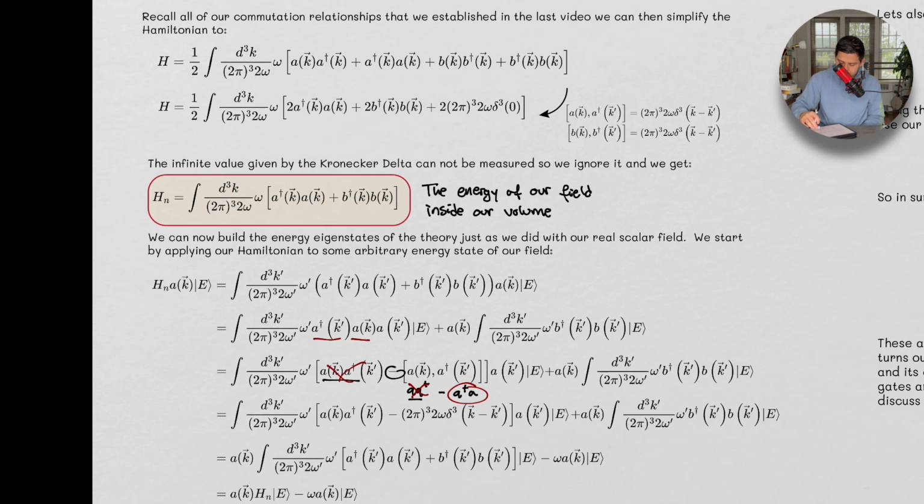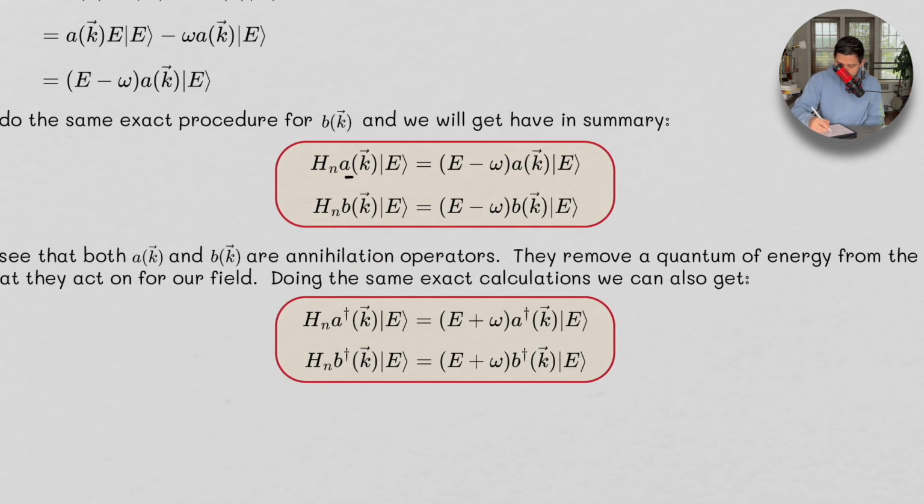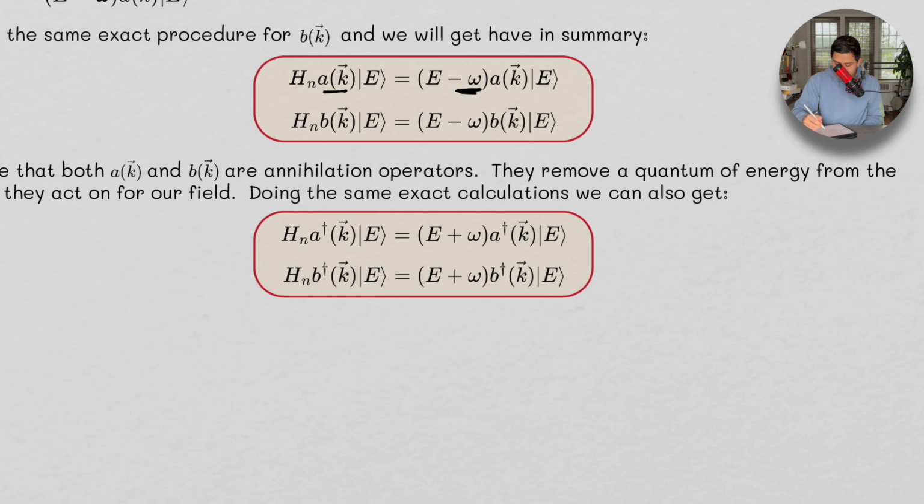All right. And A is associated with taking away energy, and B is associated with taking away energy. A dagger is associated with giving energy, and B dagger is associated with giving energy. But this is all within the context of our Hamiltonian.